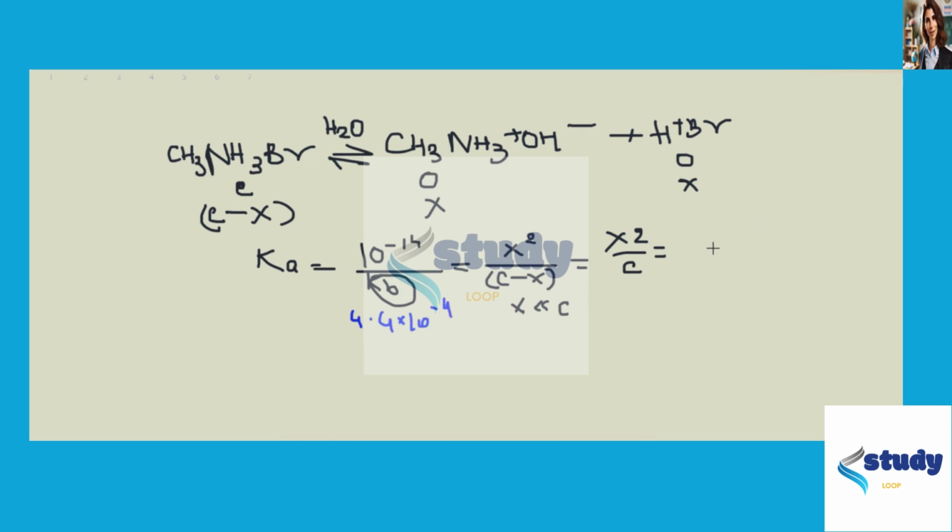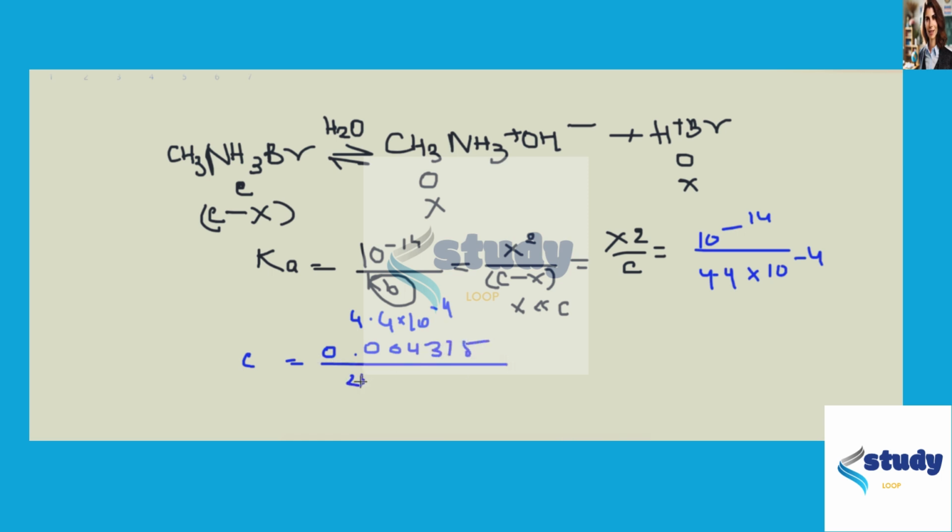So your reaction over here will be equal to 10 to the power minus 14 divided by 4.4 into 10 to the power minus 4. C is something you can easily calculate. You remember we started with 0.004375.